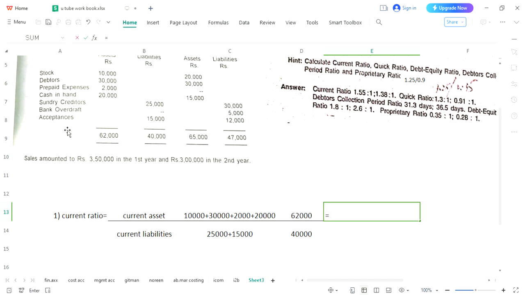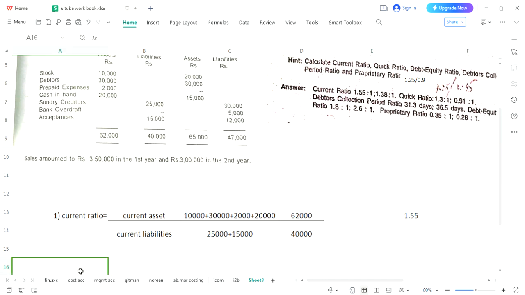How? 62,000 divided by 40,000. This way we have got our first answer, that is 1.55. Look at here, current ratio 1.55. First we will solve the first year and then we will see the second year later on.